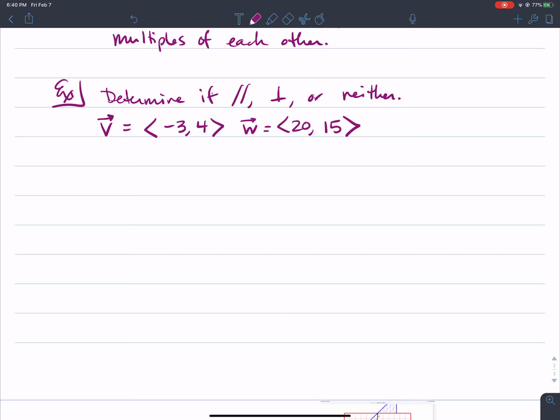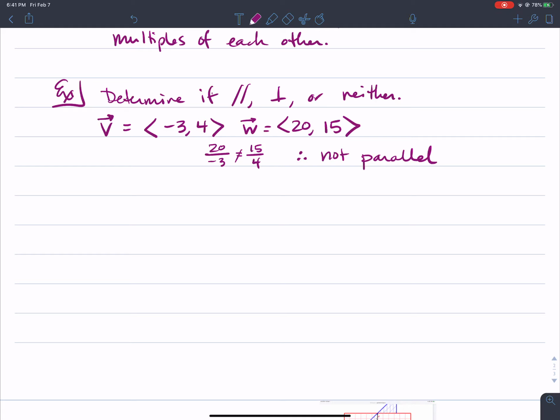I don't think you can. An easy way you can check is to take 20 divided by -3 and see if you get the same decimal that you get when you do 15 divided by 4. Since those are not equivalent, you would say, therefore, these are not parallel. They're not in the same ratio. These are not multiples of each other, okay?